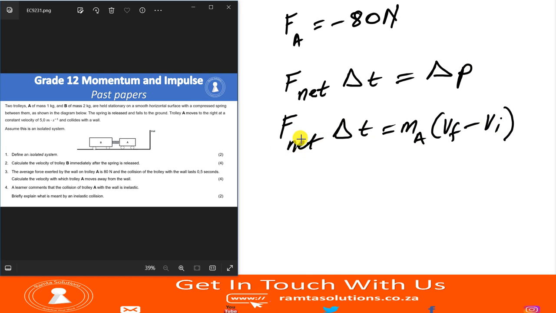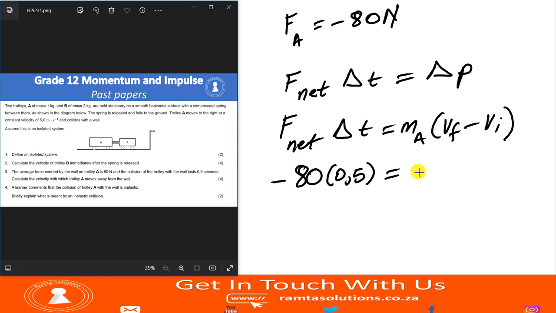So what is the F net? We said it is negative 80. You remember, right? Now what is the time taken? The time taken is 0.5 seconds.